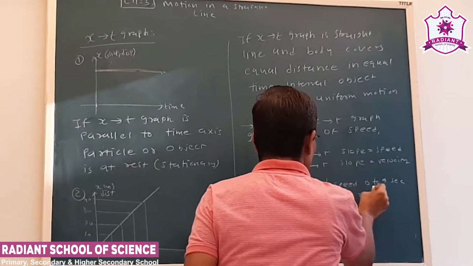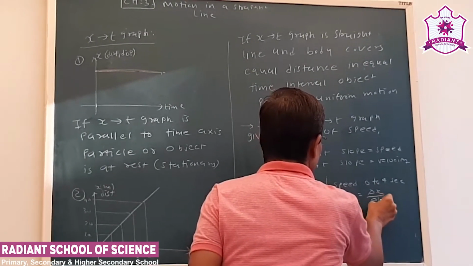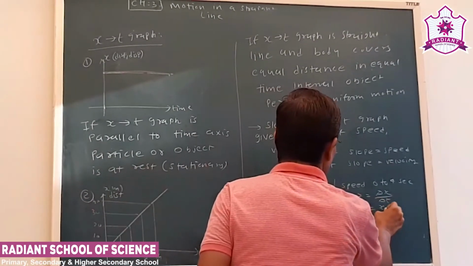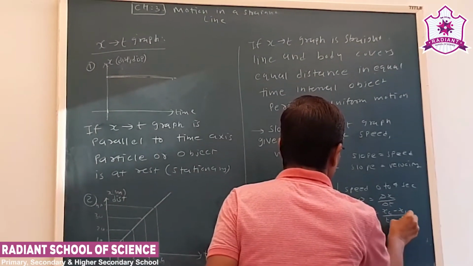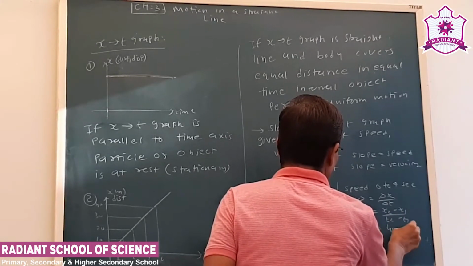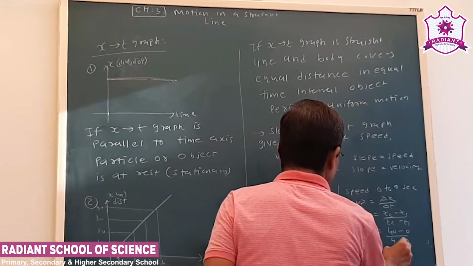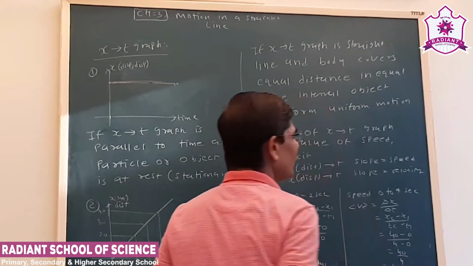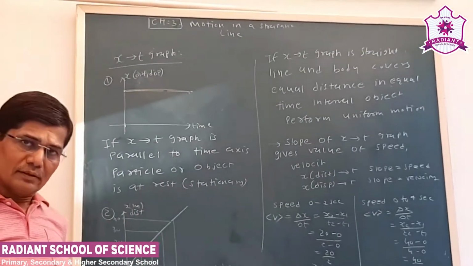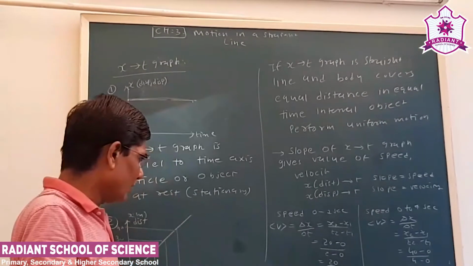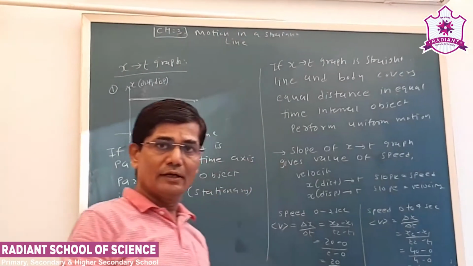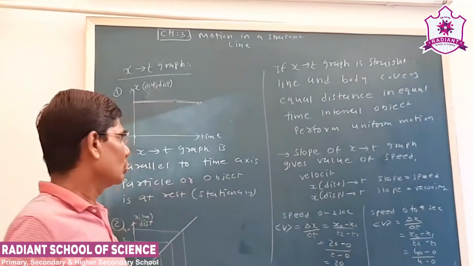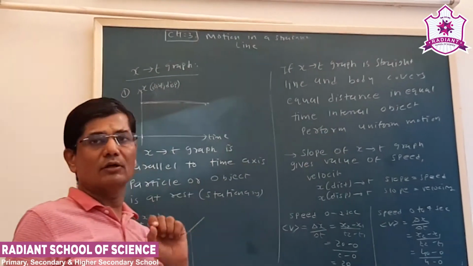Then here also average speed is delta x upon delta t, that is x2 minus x1 upon t2 minus t1. So that can be written as 40 minus 0. Now this suggests that whatever may be the time interval, in uniform motion the value of the speed we get is the same. So in that case it is a constant speed.